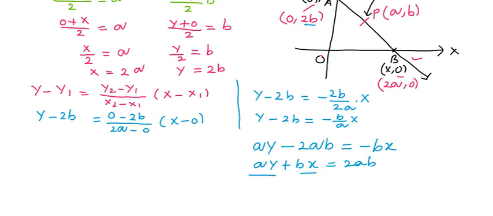Dividing both sides by ab, we have our required result. The a and a will cancel, so you will have y over b plus, here b and b will cancel, so finally x over a is equal to 2.